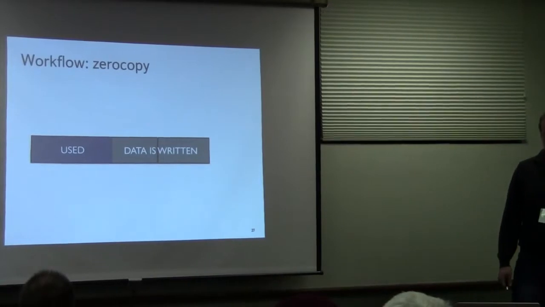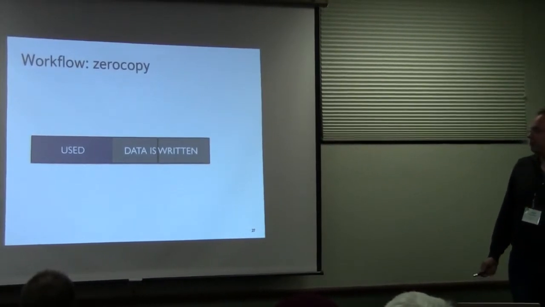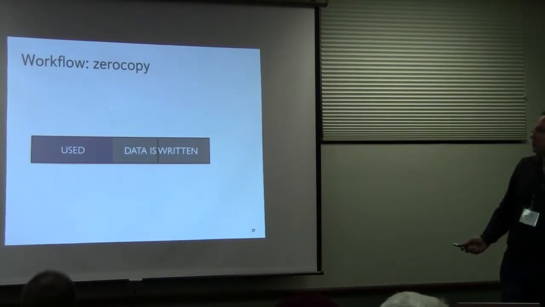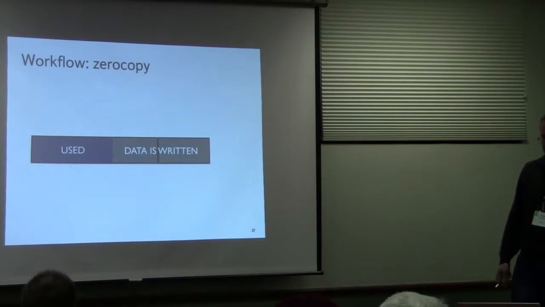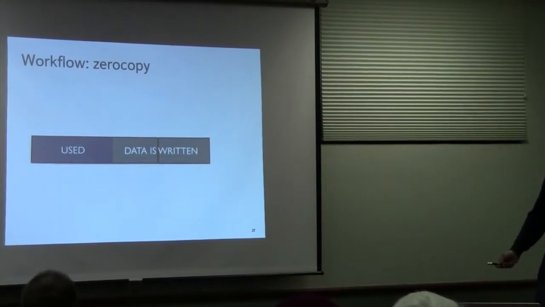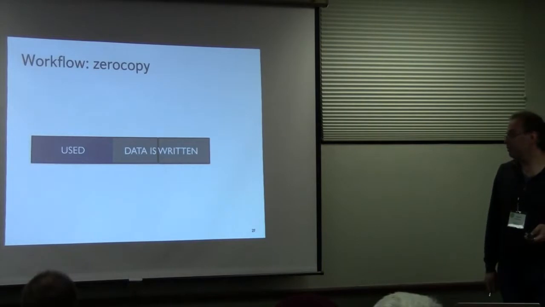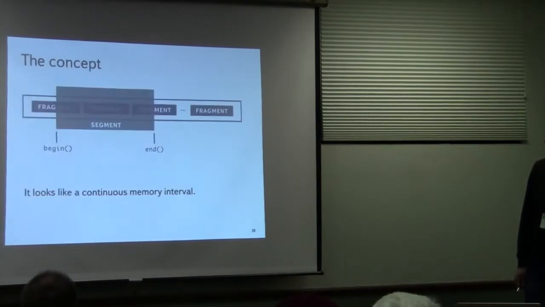But here is the question: should the user of the buffer handle a list of memory chunks instead of a convenient and useful container, for example, a vector? It's not easy. We provide some solution for it. Okay, this is the concept.